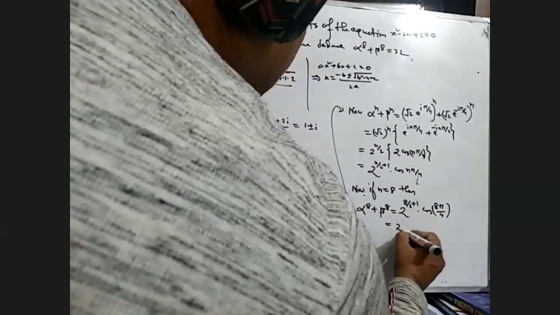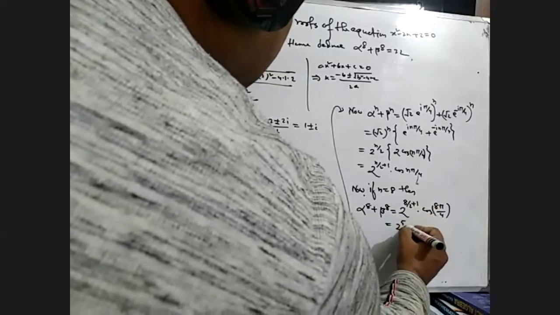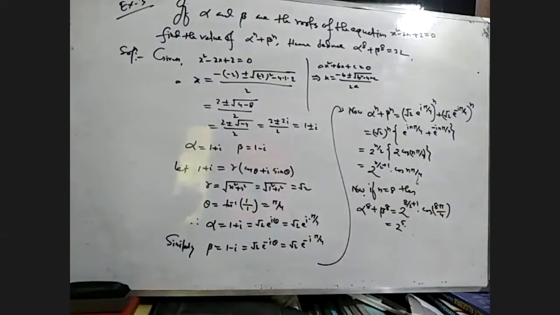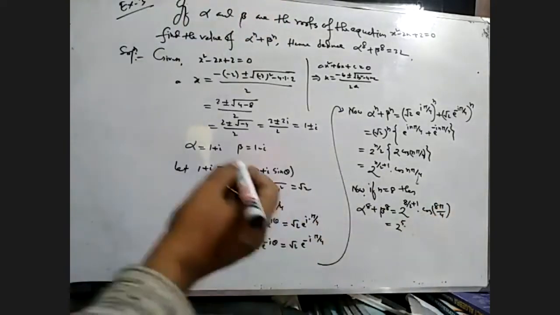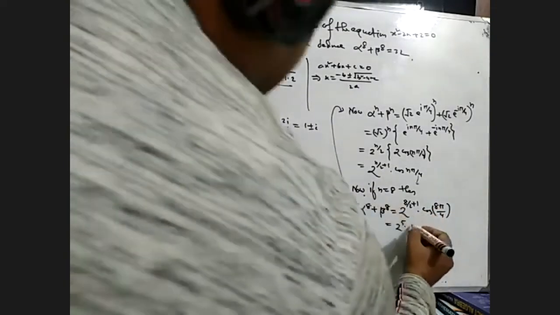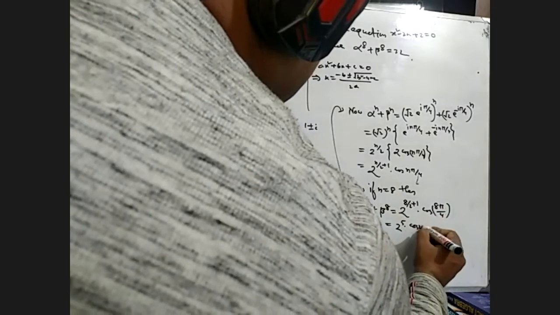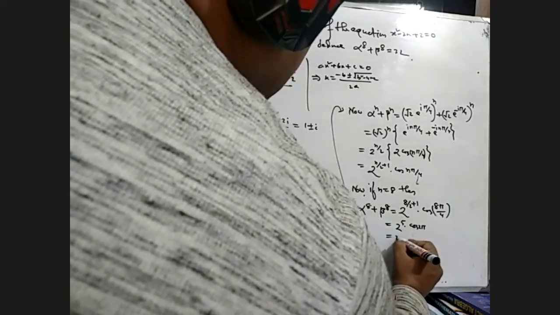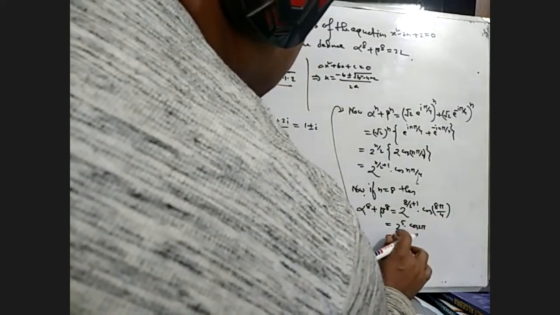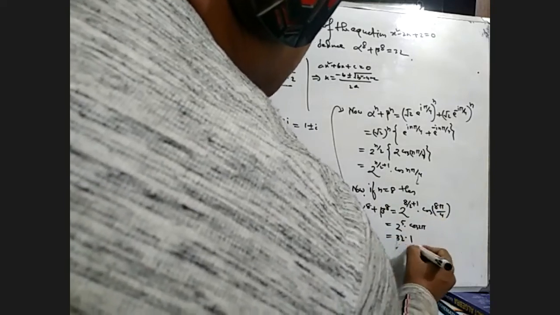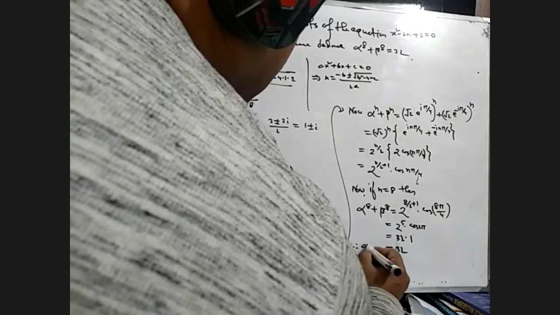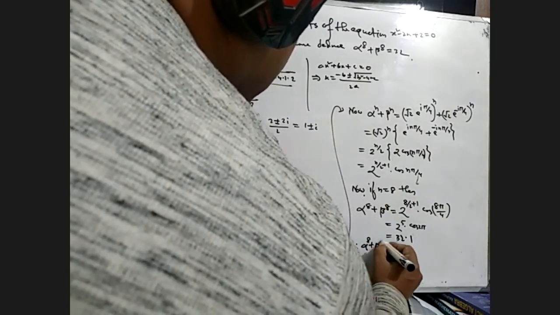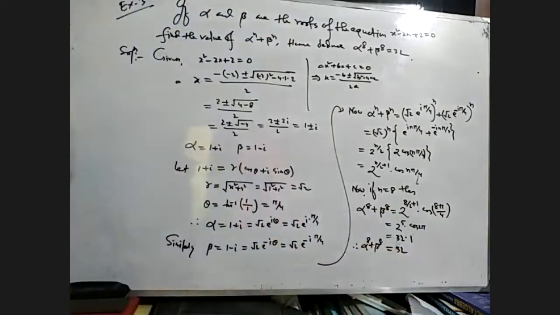This equals to 2 to the power 5, since 8 by 2 means 4 plus 1, and this will be cos twice pi. You must know cos twice pi equals to 1. So 32. Therefore, alpha to the power 8 plus beta to the power 8 equals to 32. This is the result.